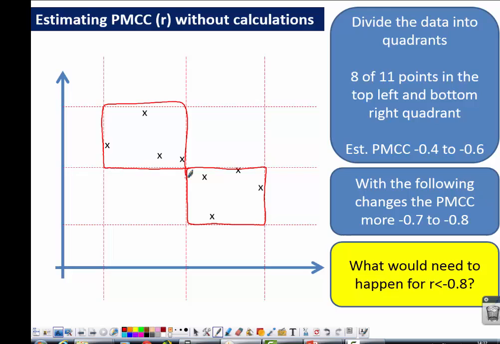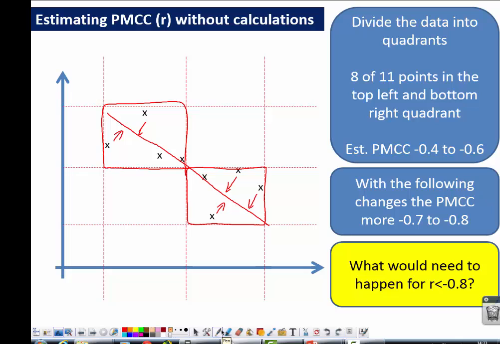But to have a greater correlation, what we then need to do is have the points closer to the regression line or the line of best fit. So these points would have to move closer to the line. If they were perfectly on the line, then we'd say that was a perfect negative correlation, which would be -1, but they certainly need to be closer if it has a greater magnitude than minus 0.8.